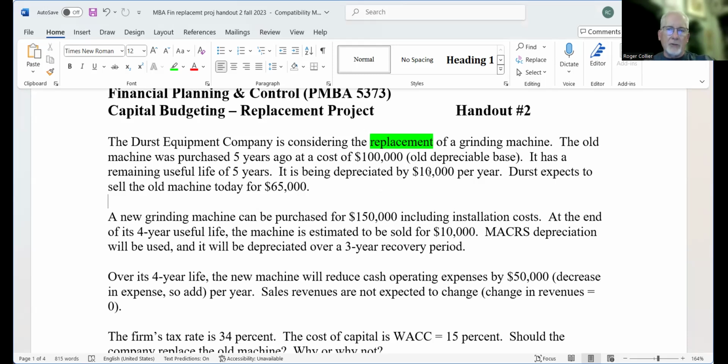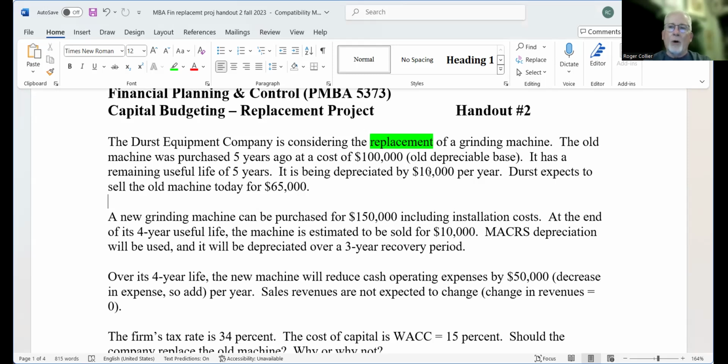They paid 100,000 for it, and they've now been depreciating it for 5 years. So 5 years of depreciation, and the depreciation is 10,000 a year. So how much have they depreciated? Well, 10,000 a year for 5 years, 50,000. Okay. And they expect to sell it today for 65,000.